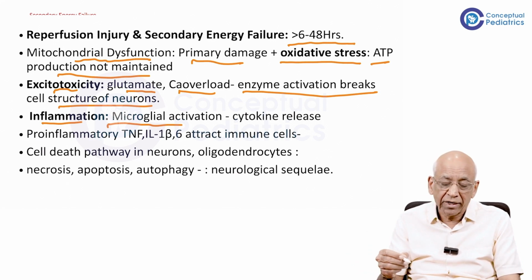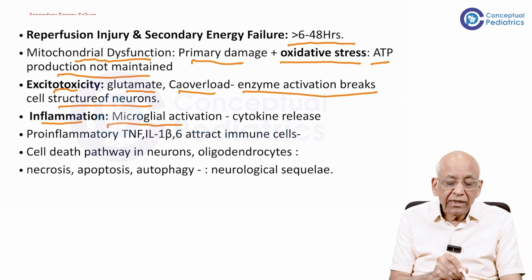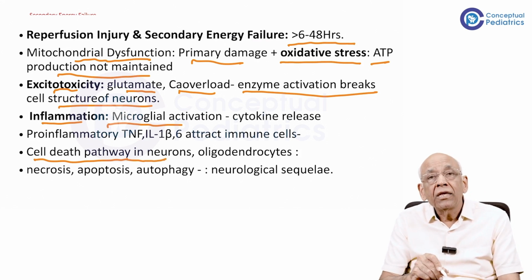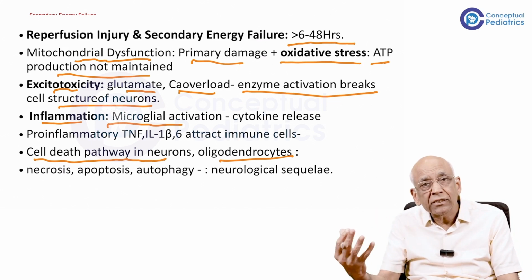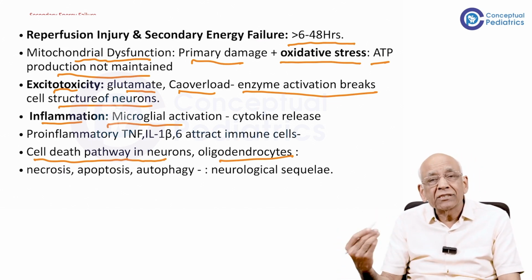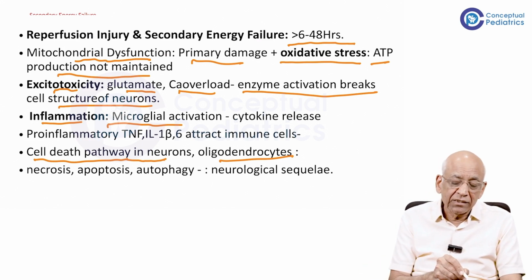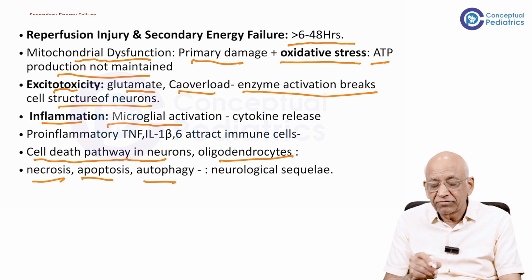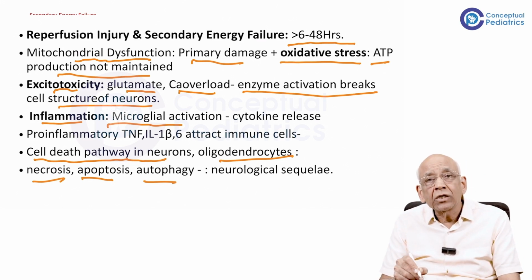And then the cell death pathway starts in the neurons and in the oligodendrocytes. Oligodendrocytes are the cells which produce the myelin sheaths. And then there is necrosis, apoptosis and autophagy, which lead to the neurological sequelae.